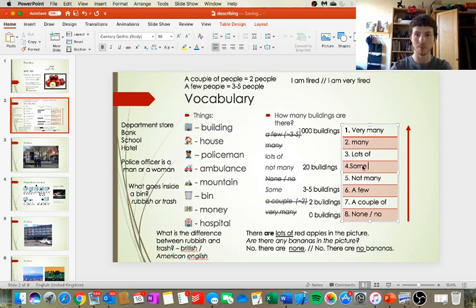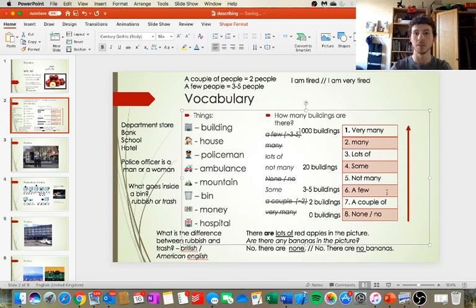Excellent. So this is a good order. Very many. Many, lots of, similar. Some, maybe 20 buildings. Not many, similar to some. A few, a couple, and none, 0 buildings.